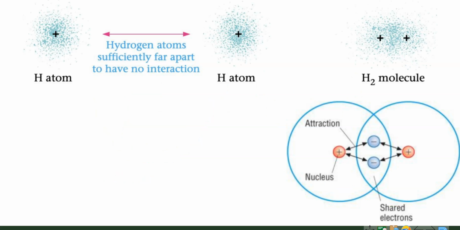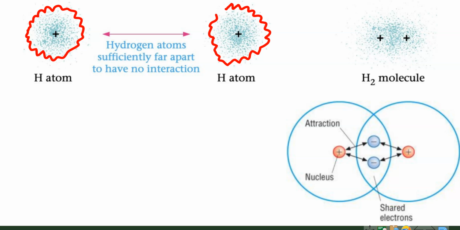Which brings us to the other type of bond, the covalent bond. If you recall from our electron configuration discussion, the atom is roughly circular, because the electron completely moves around the atom. When the atoms are far apart, they don't really interact with each other.